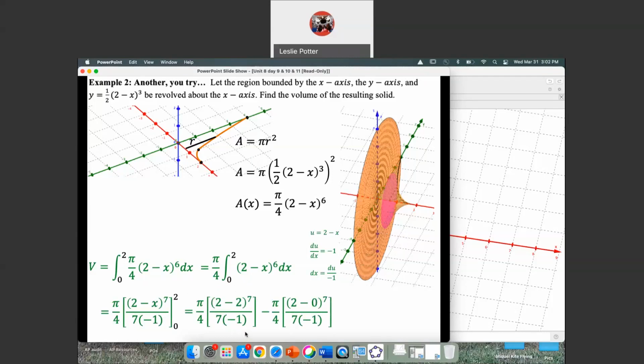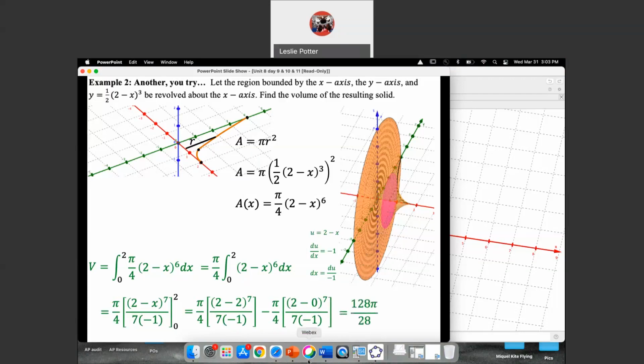We could actually evaluate this by hand. 2 to the 7th is a bit much mathematically, but if you think about this, 2 to the 2nd is 4, so we can go to 2 to the 5th: 2 times 2 is 4, times 2 is 8, times 2 is 16, times 2 is 32. So we have 32 minus a negative is a positive, so we have 32 pi over 7, which is this reduced. There it is, 32 pi over 7 for that value.